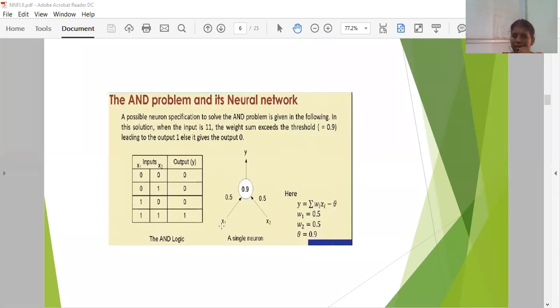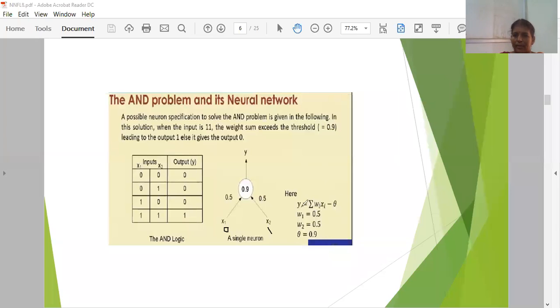Suppose x1 is 0 and x2 is 1. In that case, 0 into 0.5 plus 1 into 0.5, you'll get 0.5 minus 0.9.